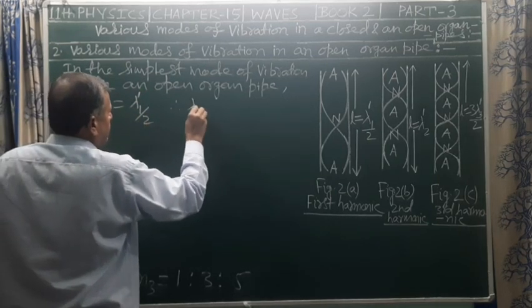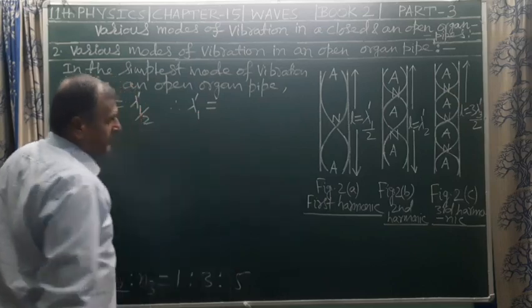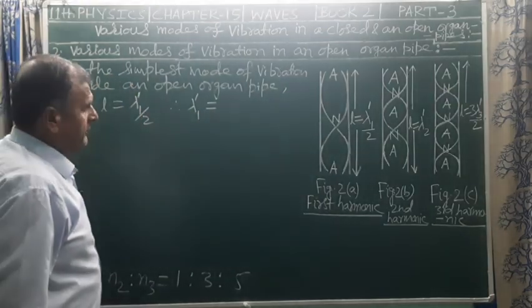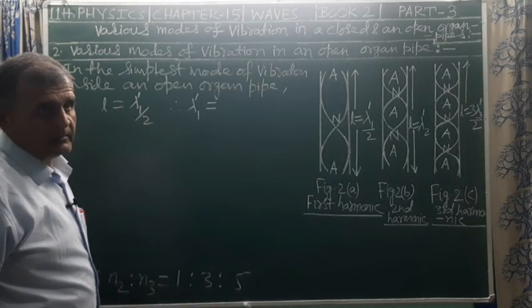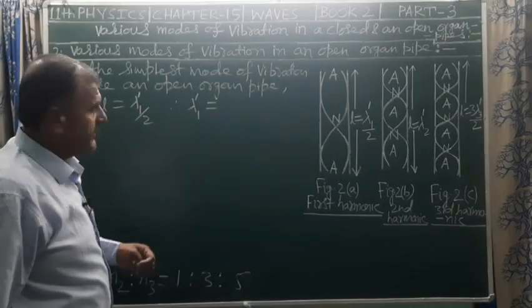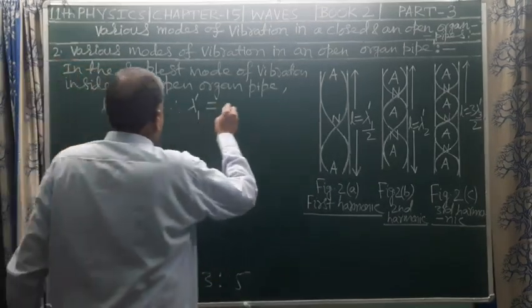Therefore lambda 1 dash, the wavelength of the wave formed inside the open organ pipe in the simplest mode, is lambda 1 dash equal to 2L.